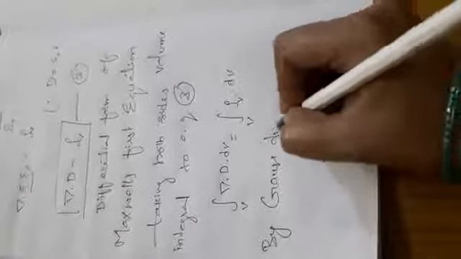So we know that by the Gauss divergence theorem we can convert this divergence volume integral into a surface integral.